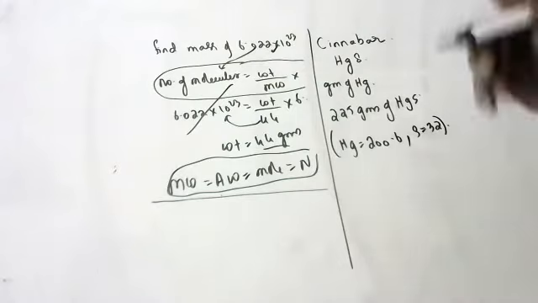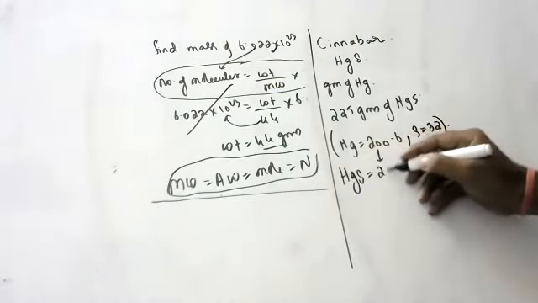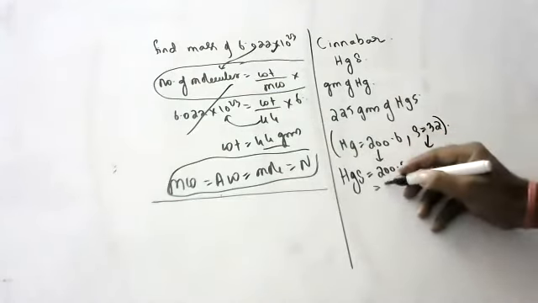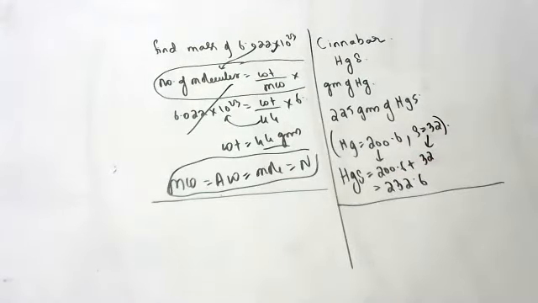Those who did not understand, first I will say, what is the molecular weight of HgS? Hg is how much, children? 200.6 plus 32 is 232.6.